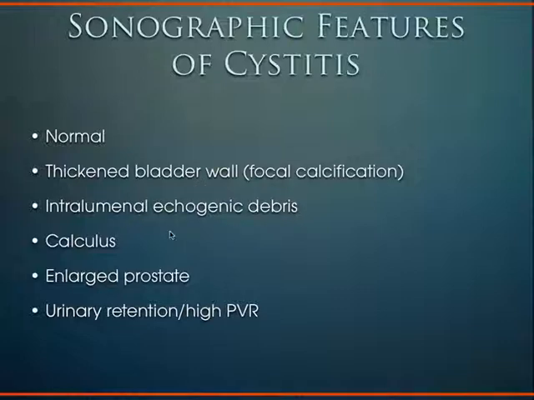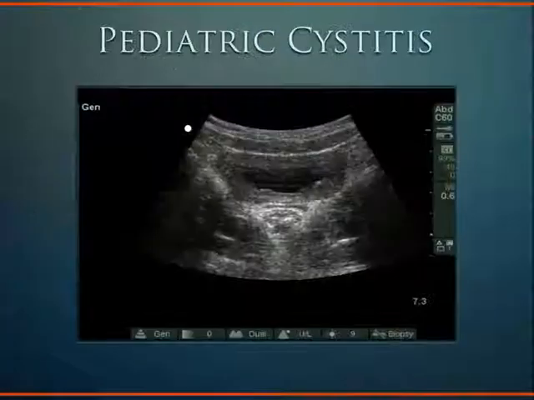Sometimes you'll see some echogenic debris within the lumen of the bladder, or even a bladder stone. Sometimes you can make out on ultrasound quite easily an enlarged prostate. And the patient can have urinary retention or a high post-void residual, which can lead to chronic echogenic debris, which forms calculi and infections in the bladder.